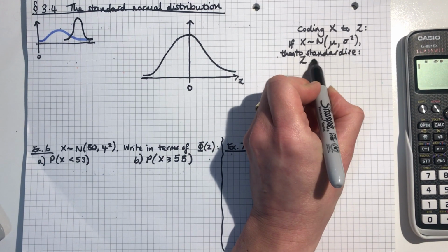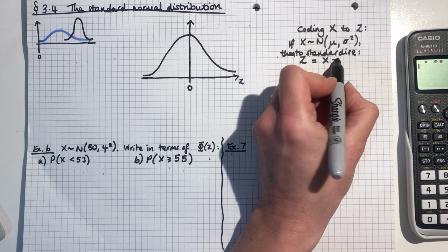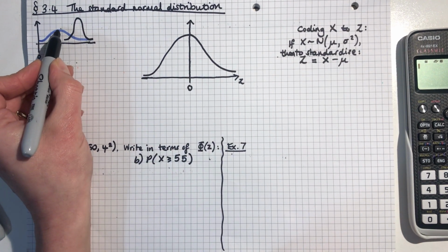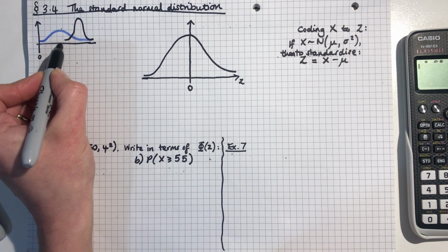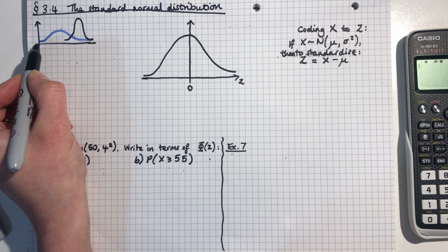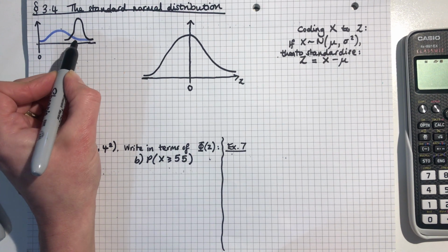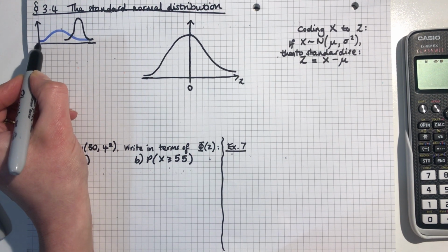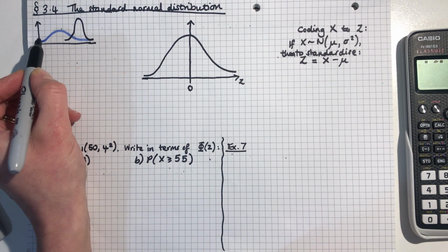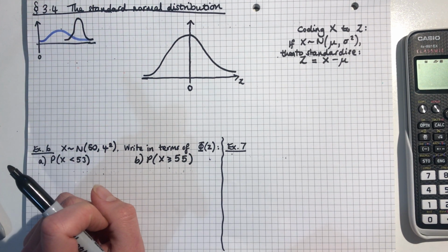To get Z, we take our X values and we subtract the mean from them. So if the mean for that one is 20, and you subtract 20 from all your values, your mean would now be 0. Every single one of these values has 20 subtracted from it, so that the mean of the new data set is at 0. So it's like taking your graph and just shifting it to the left.